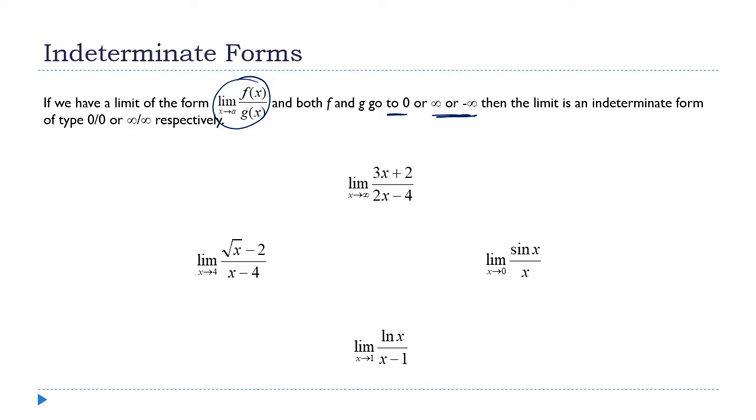They come in two types: a 0 over 0 type and an infinity over infinity type. As we saw on the last slide, all four of these limits fit into one of these two categories.